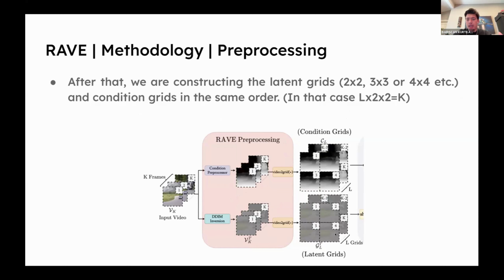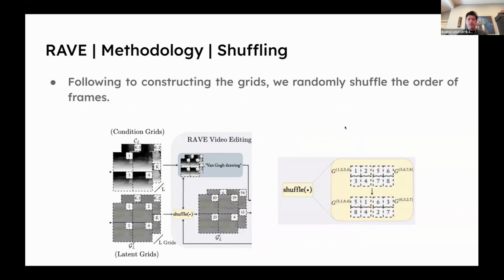So let's say we have L grids, and in the image we have a 2x2 grid. Then L times 2x2 equals K frames in here. And then we do the shuffling that we propose. For example, you have two grids with 8 frames. We are basically shuffling the frames for another diffusion time step.